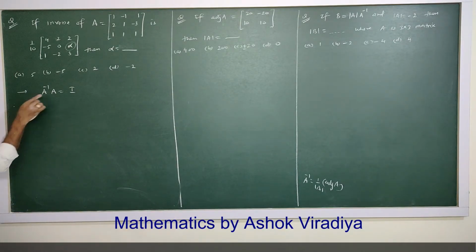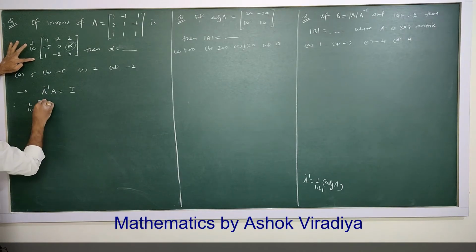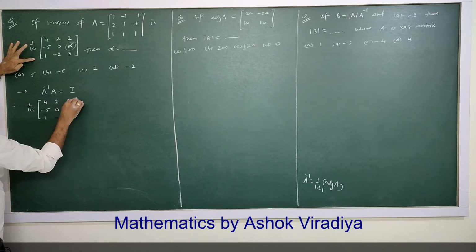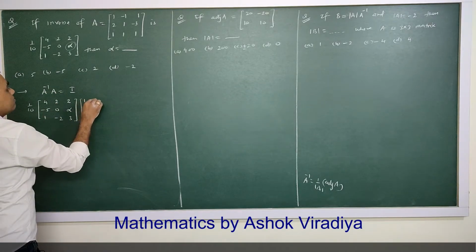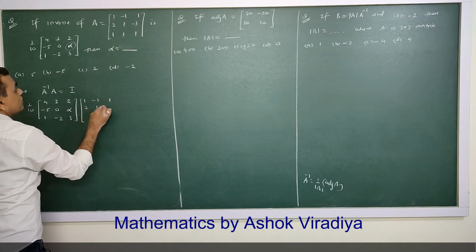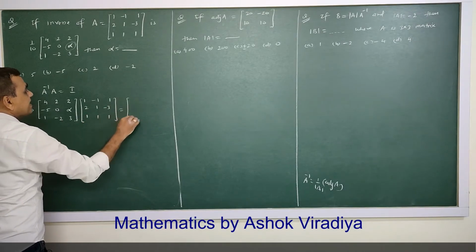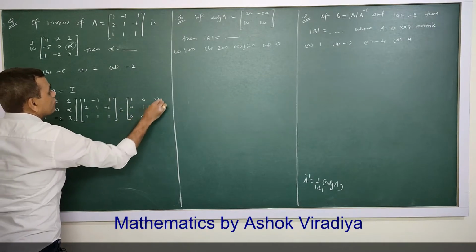Now inverse A is 1 upon 10 into the matrix 4 2 2, -5 0 alpha, 1 -2 3, into A, which is 1 -1 1, 2 1 -3, 1 1 1, equal to the identity matrix 1 0 0, 0 1 0, 0 0 1.